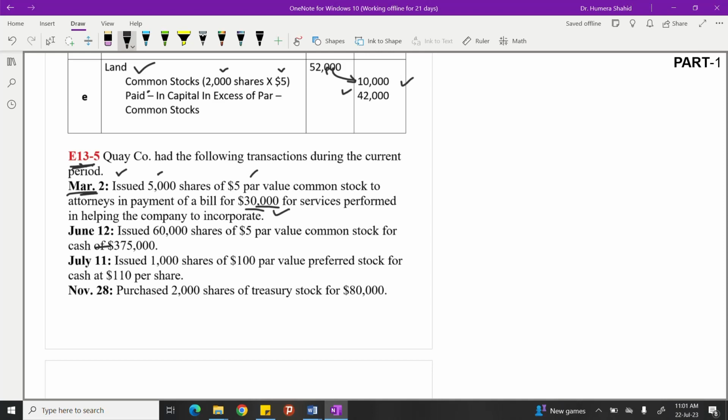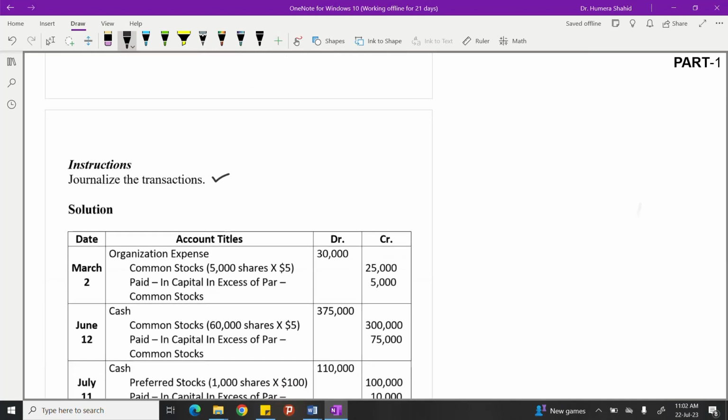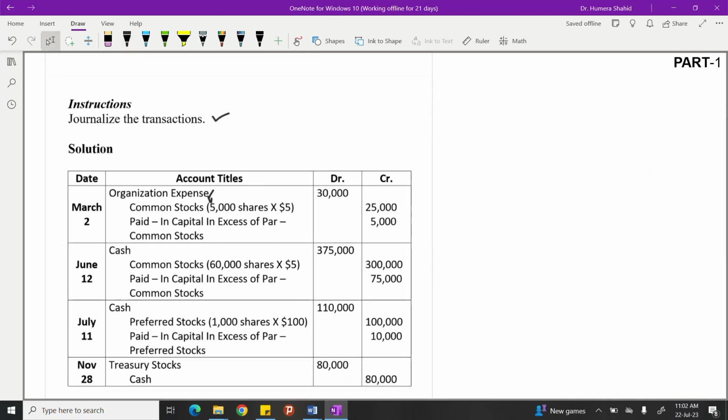Organizational expenses of 30,000, and we issued 5,000 shares, $5 par value. So let's record this journal entry. Organizational expenses gets debit. Common stock gets credit. It will always be recorded with its par value, that is $5, so 25,000. The extra amount is paid-in capital in excess of par, common stock.